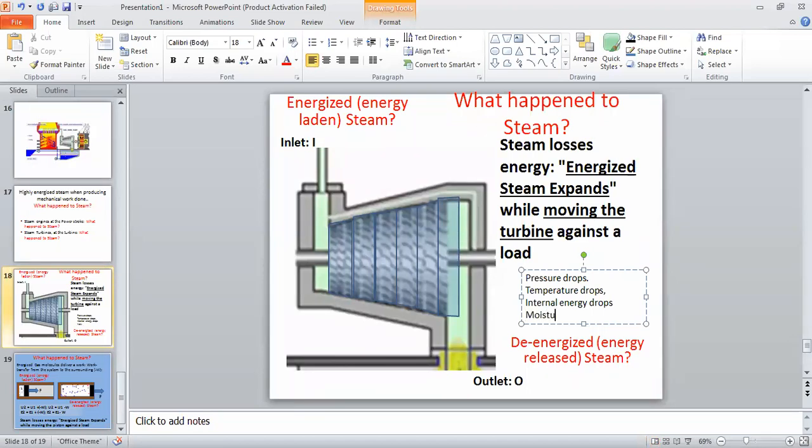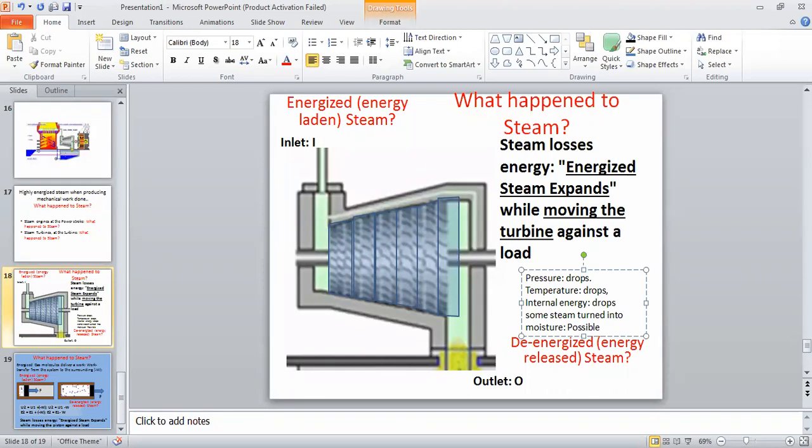Moisture, because some energized steam turned into moisture. Possible. Okay. Pressure drops. Temperature drops. Internal energy drops. Means moisture.